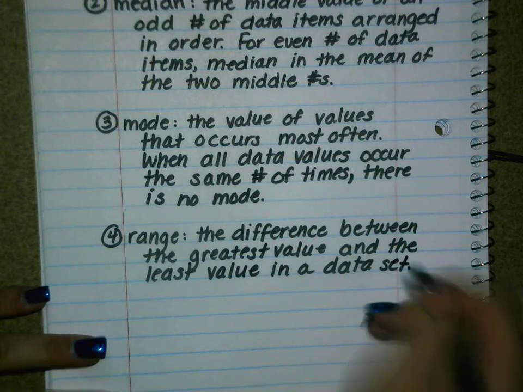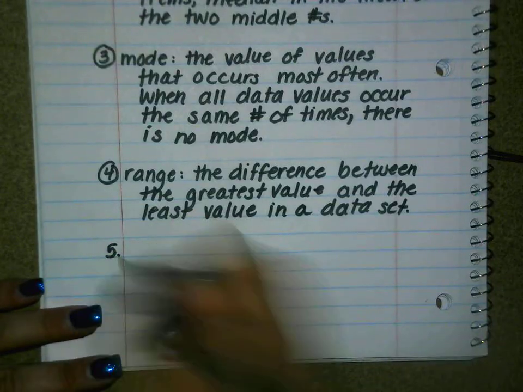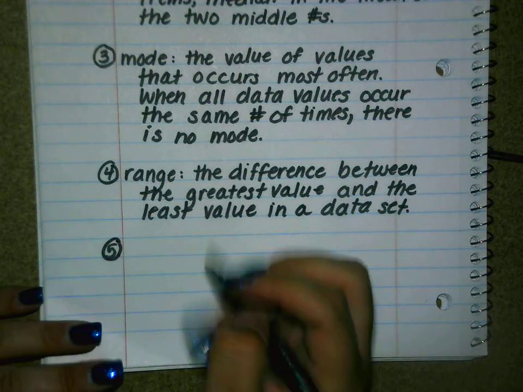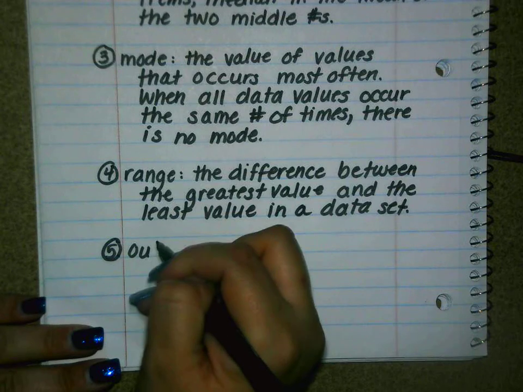And the last vocab term for this one is going to be number 5. Again, this is in the very back of your book, just like normal. Make sure it gets in the right place. Is an outlier.